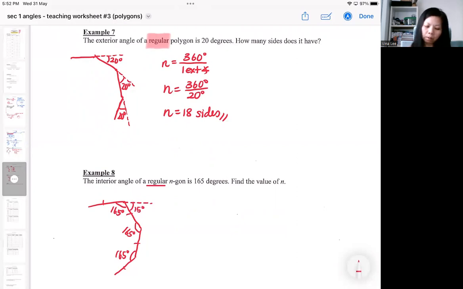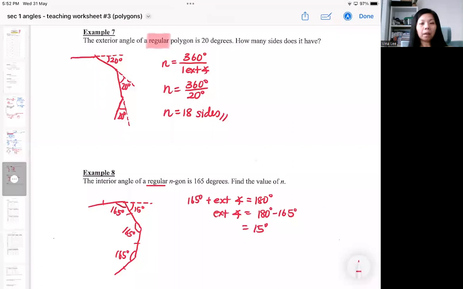So how do I know the exterior angle? Because interior and exterior angle will be on a straight line. So I can find my exterior angle using 180 minus 165. That will give me 15 degrees. And because of the 15 degrees, I can use the same formula, since I'm finding the sides of a regular polygon.